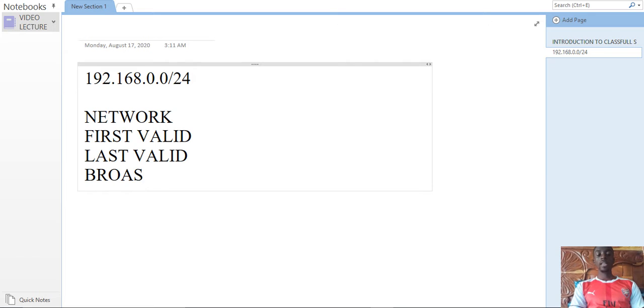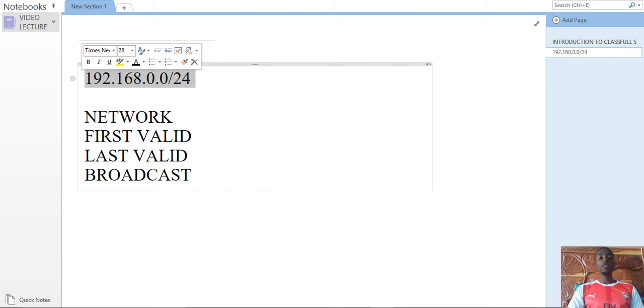I need to get them out. So I need to know what the network address is, and what the first valid address is. I need to subnet this so I can see, because I said with this I can have 254 valid IP addresses. So I need to subnet to see that range. That is what subnetting is all about.